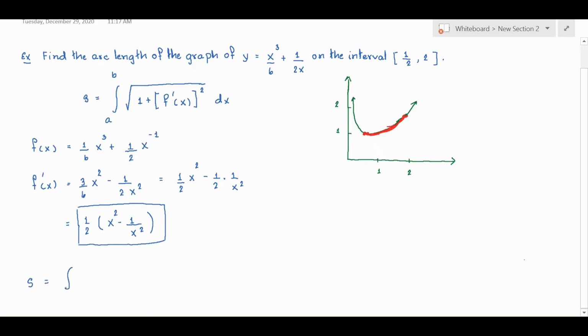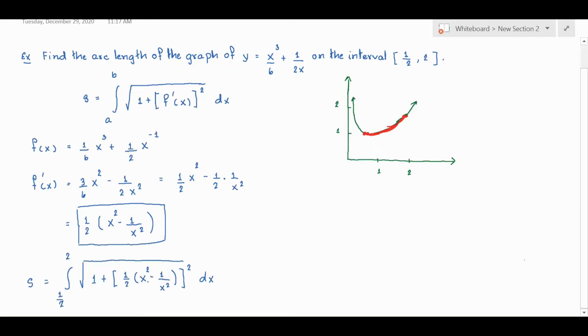So s will equal an integral from 1/2 to 2 of the square root of 1 plus the derivative of the function, which is 1/2 times x squared minus 1 over x squared, quantity squared, dx.